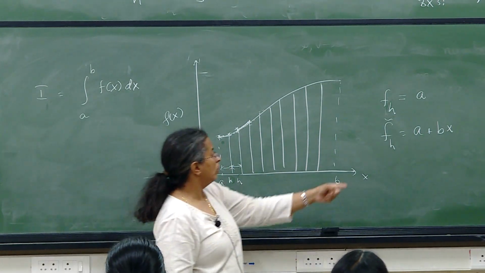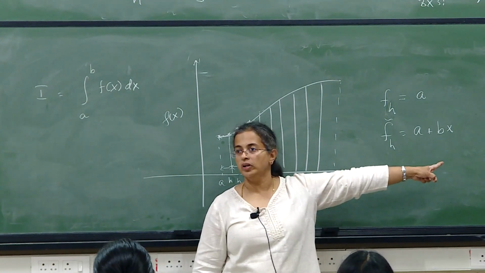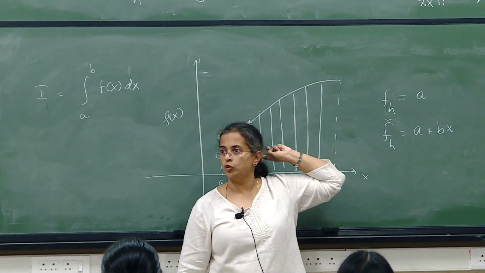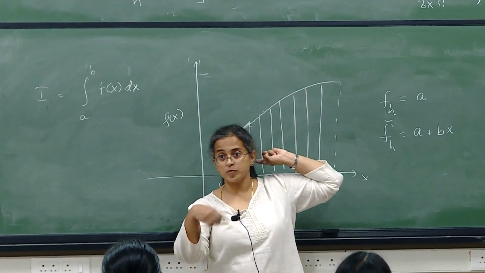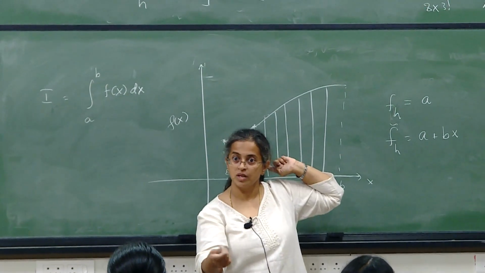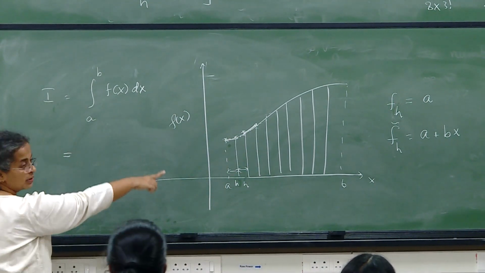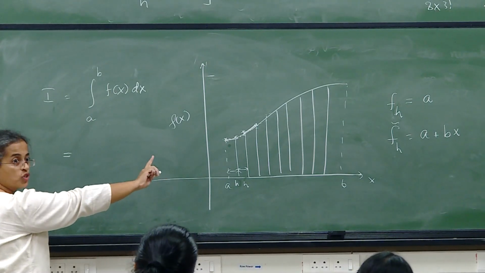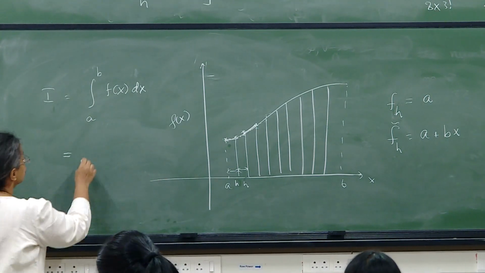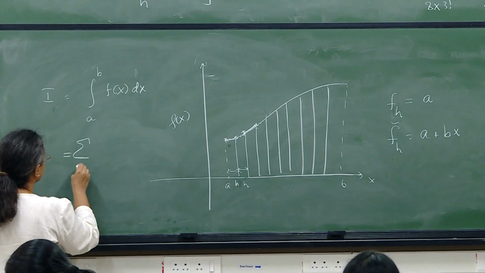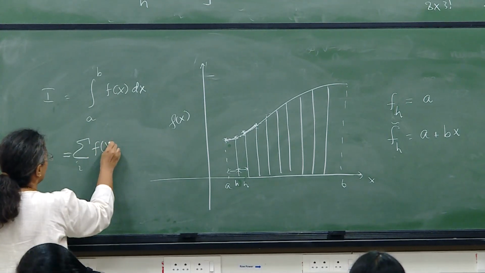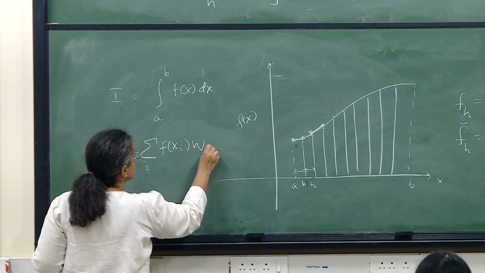So as I increase the degree of the polynomial here, the integration is going to do better. And of course, my integration algorithm also changes, because finally you are going to sum up these geometric shapes. So it will turn out to be something like the sum over i of f of xi times wi.